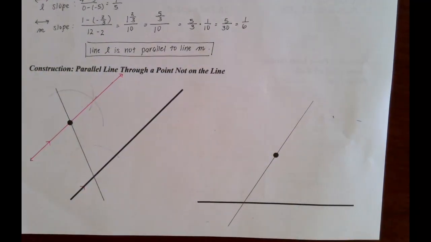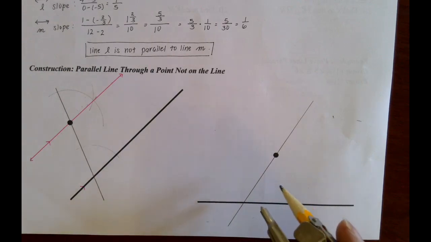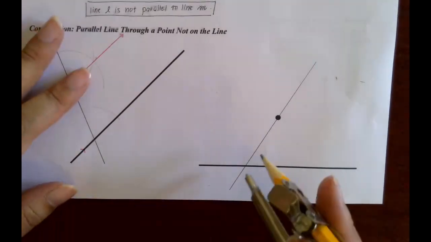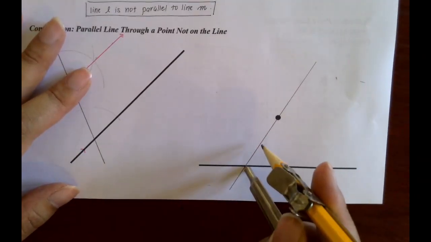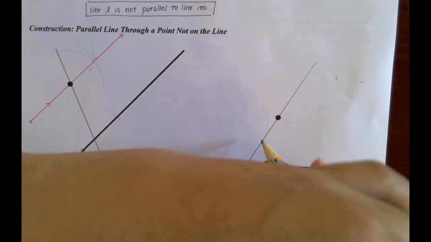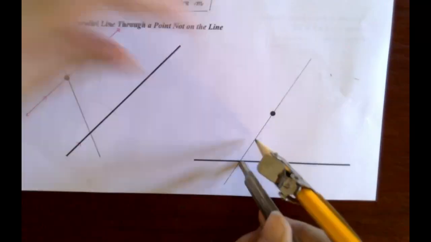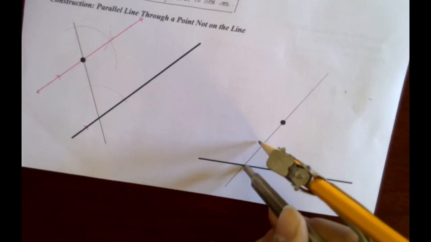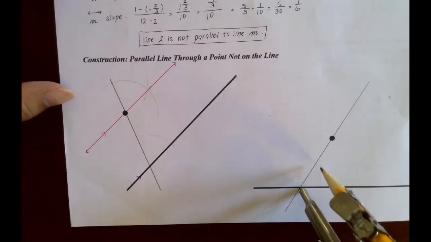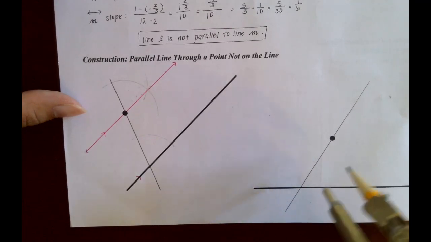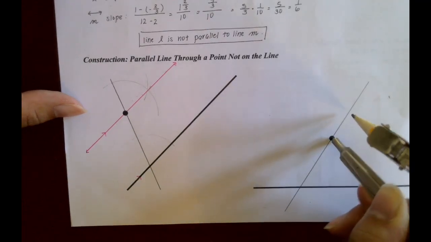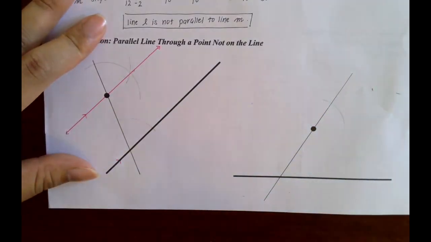Then, from where that line that you drew intersects the other line, you're going to make an arc of a certain length. So, again, any length is fine. So here, I'm going to make an arc. Leaving my compass the same, I'm going to go to the point and make that arc also. Sorry, it's a little light.